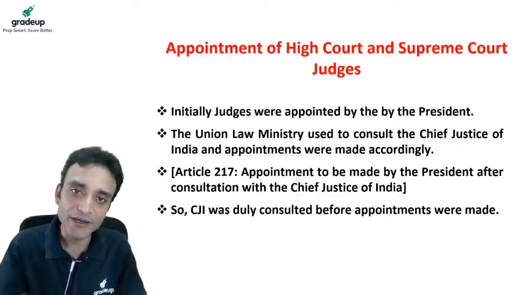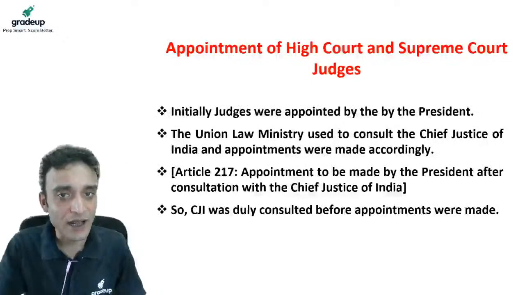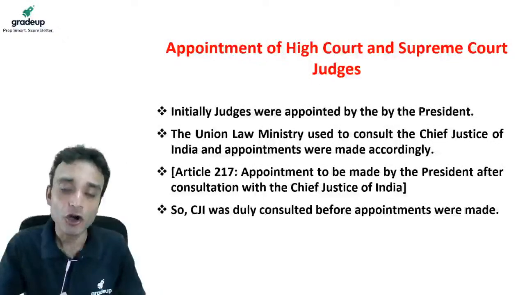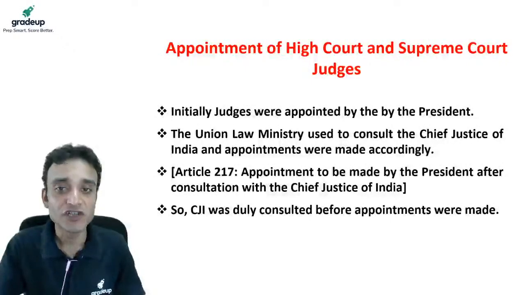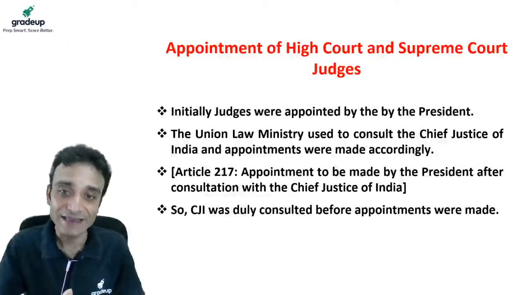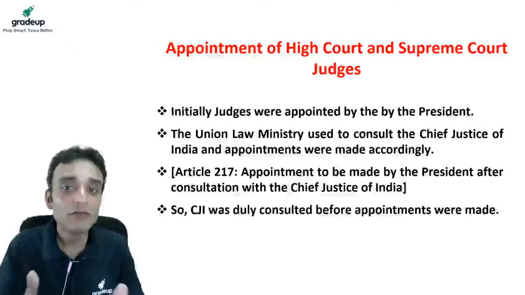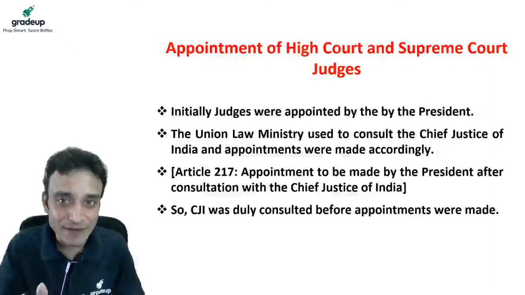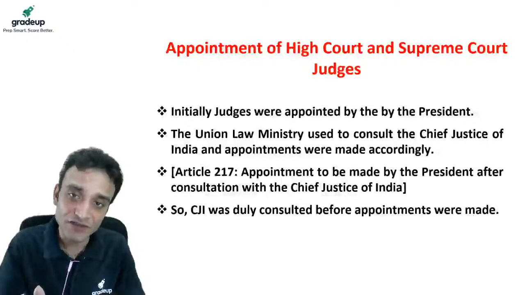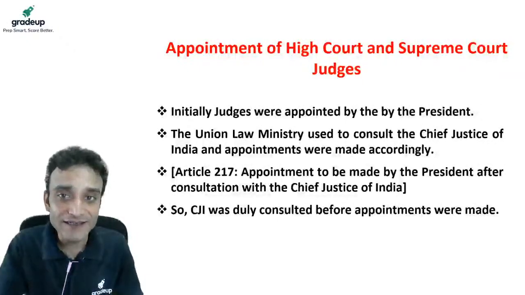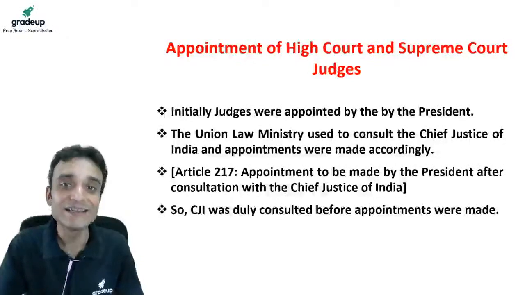Article 124 and Article 217 talk about appointment of judges to the Supreme Court and the High Court after consultation is made with the Chief Justice of India, and the final appointment is done by the President of India.